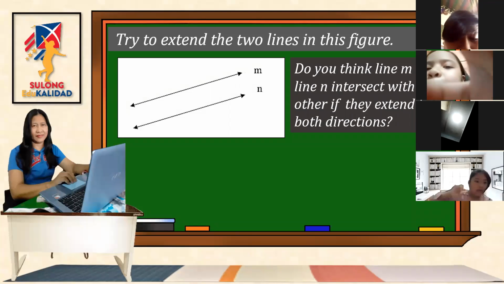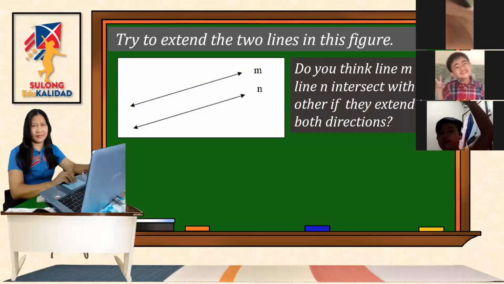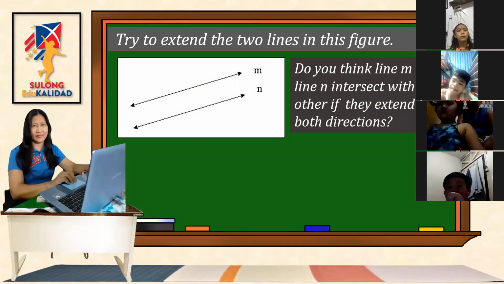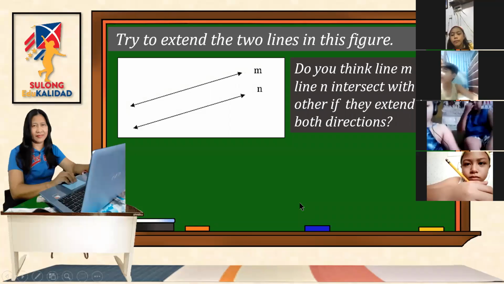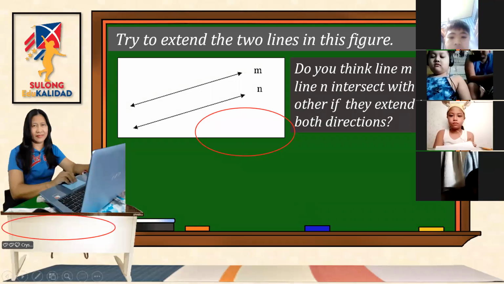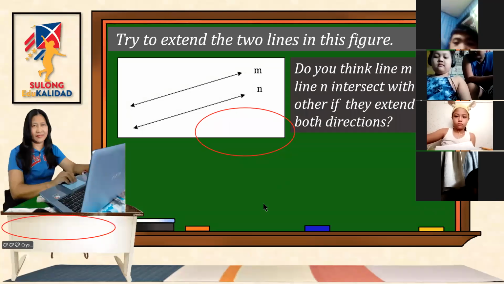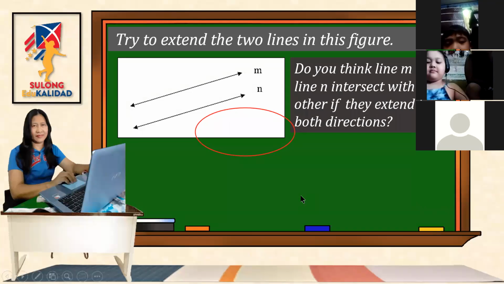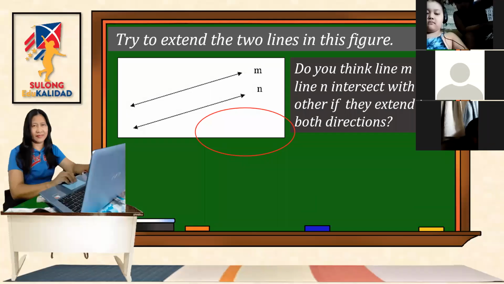Do you think line M and line N intersect with each other if they extend in both directions? That is a question. Ano sagot nyo?